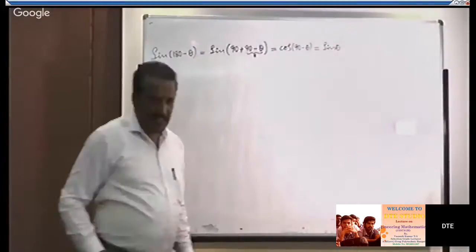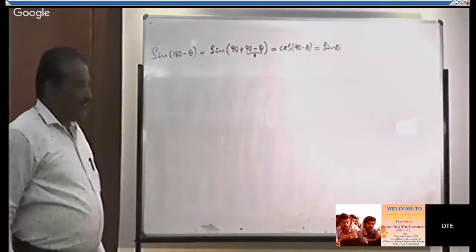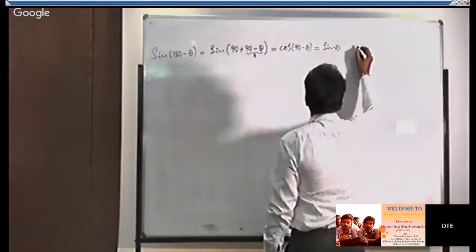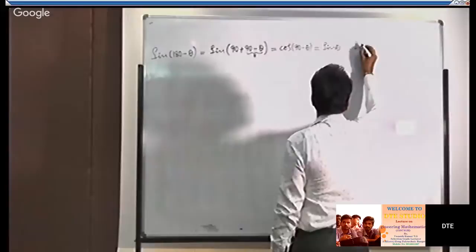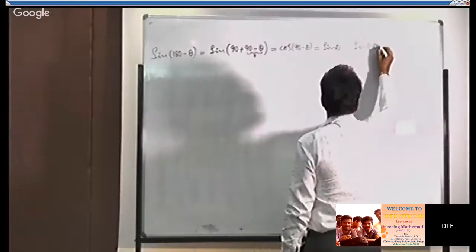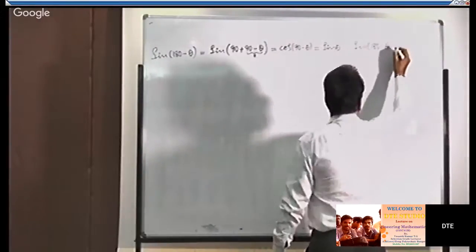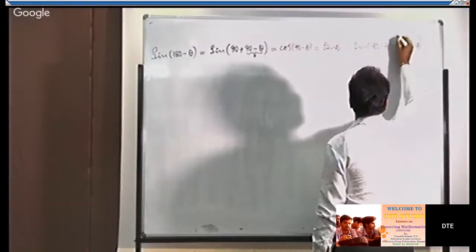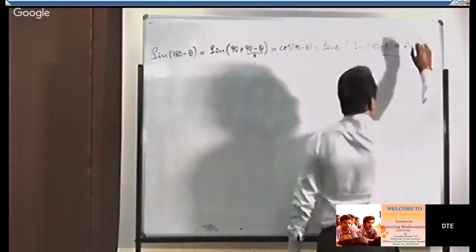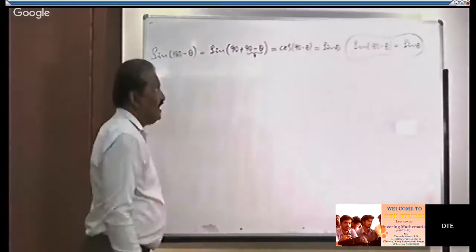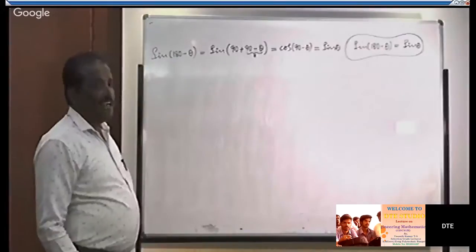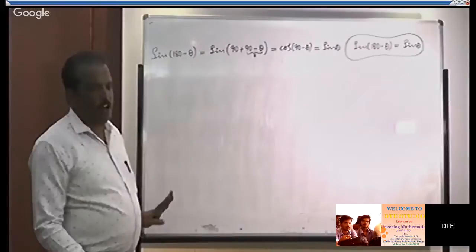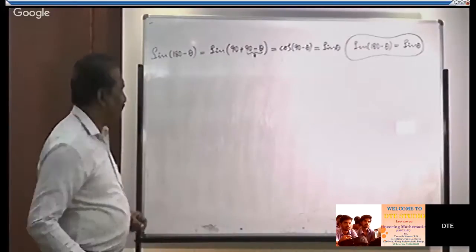So the conclusion is always sine of 180 minus theta is equal to sine theta. This is how 180 minus theta is allied to theta when it is connected to the sine function.